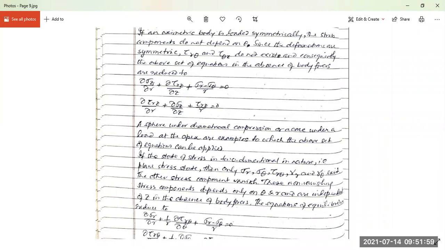If the state of stress is two-dimensional in nature, that is plane stress, only sigma r, sigma theta, tau r theta, and gamma vector exist.